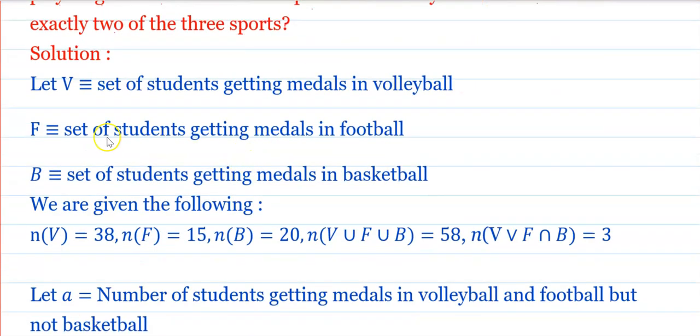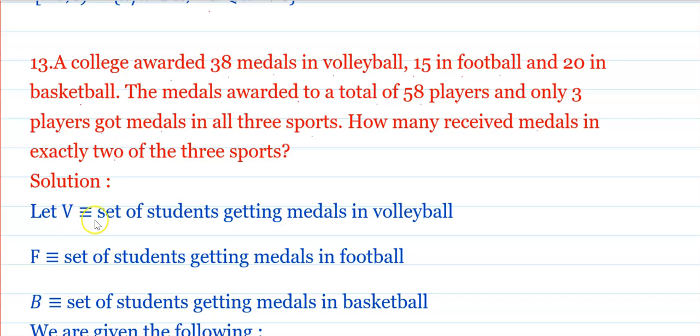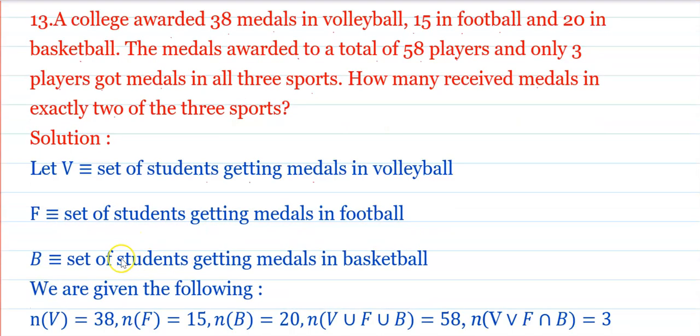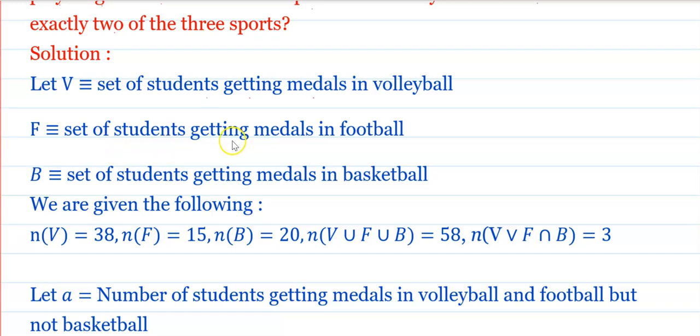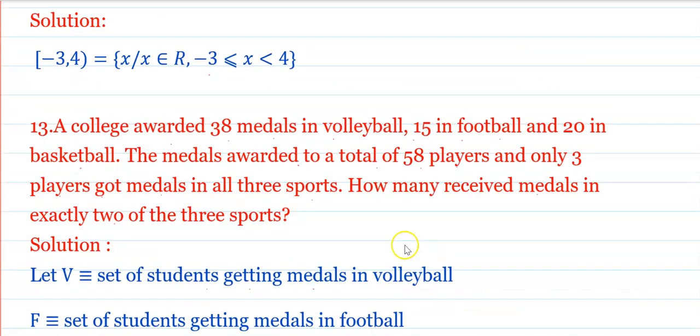Okay, now very interesting. See this here. V is the set of students getting medals in volleyball. F, the set of students getting medals in football. B, the set of students getting medals in basketball. n(V) is 38, n(F) is 15, n(B) is 20. What about their union? n(V union F union B) is equal to 58.